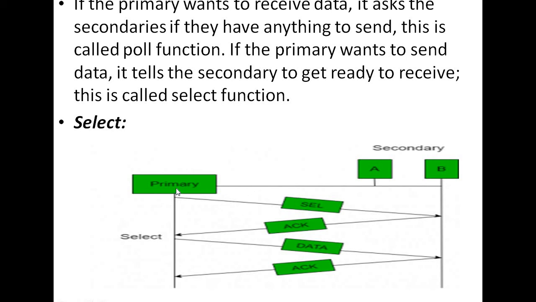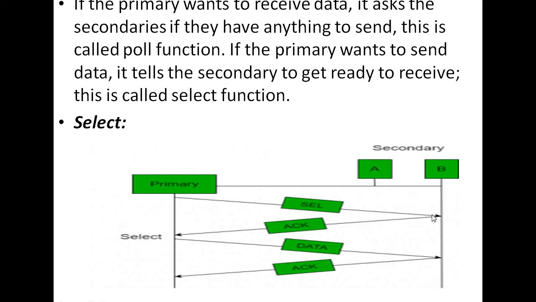So what is the process here? First, the primary chooses or selects one of the devices at the secondary site. If it has something to send towards the secondary site, first it selects the secondary site device and asks, I have some message to send, are you ready to receive it?